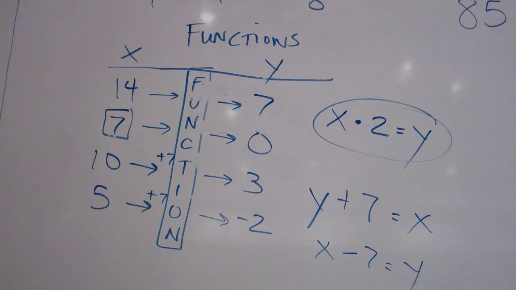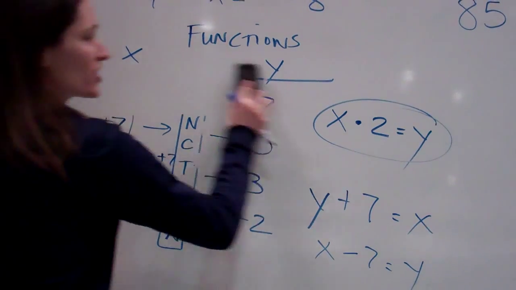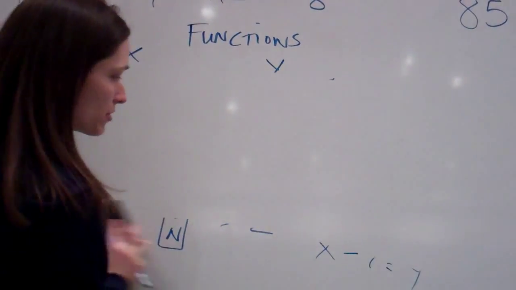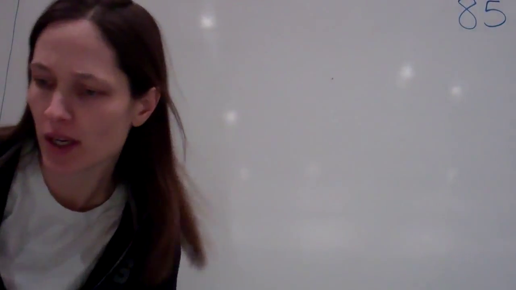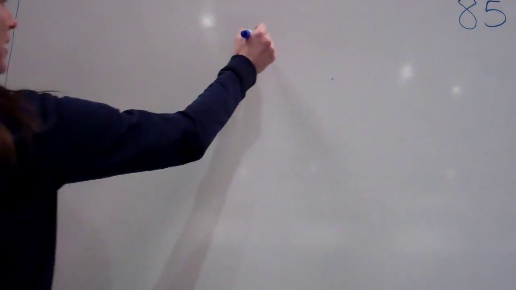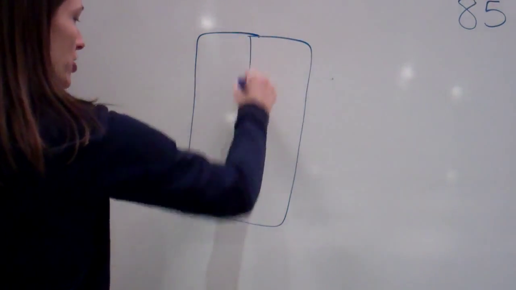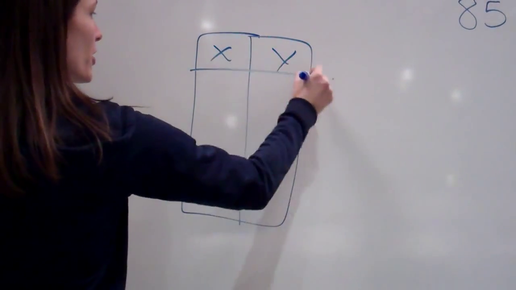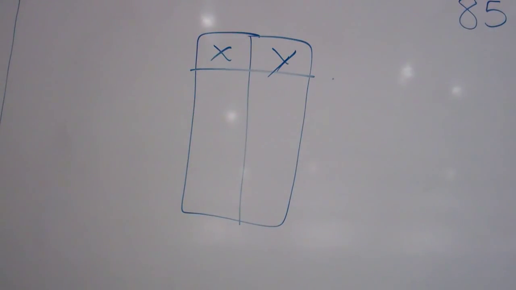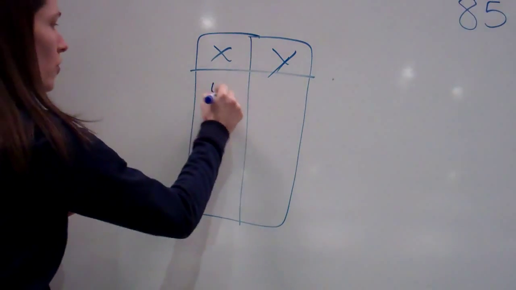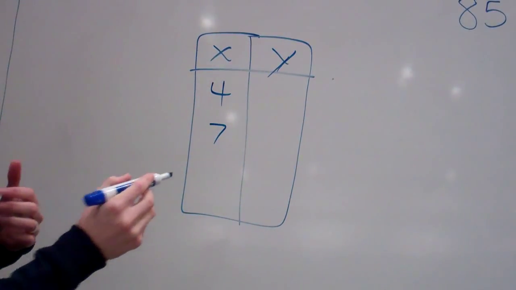Now may we do the rest of them? Let me see how the next one is. Okay, not yet. Sorry. Okay, so let's do another one. And the only reason I'm doing this one is because this one may be confusing to you because it adds a little bit extra. Okay, so here's what they tell me. They just give me an XY chart. X, Y. They're no longer putting the function in the middle or anything like that. Okay, so here's what they say. 4, 7, 0.